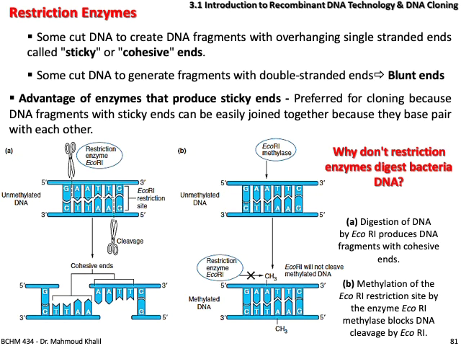While in bacteria, this restriction site is methylated. You can see it is methylated. Once this restriction site is methylated, the EcoR1 enzyme cannot recognize the restriction site. That's how the bacteria protect their own DNA from being cut by the enzymes.